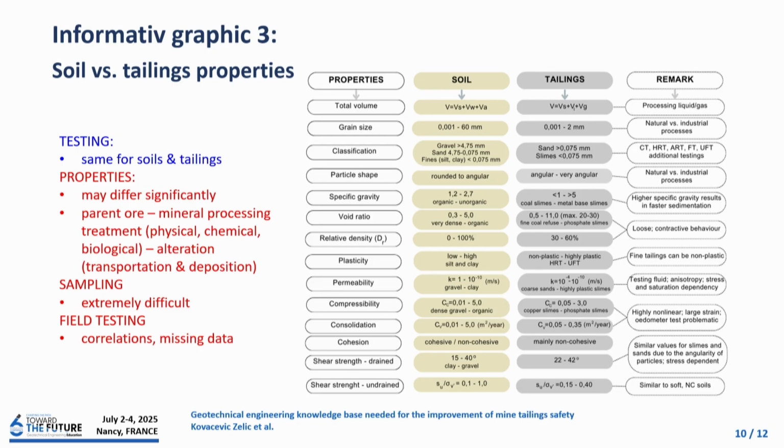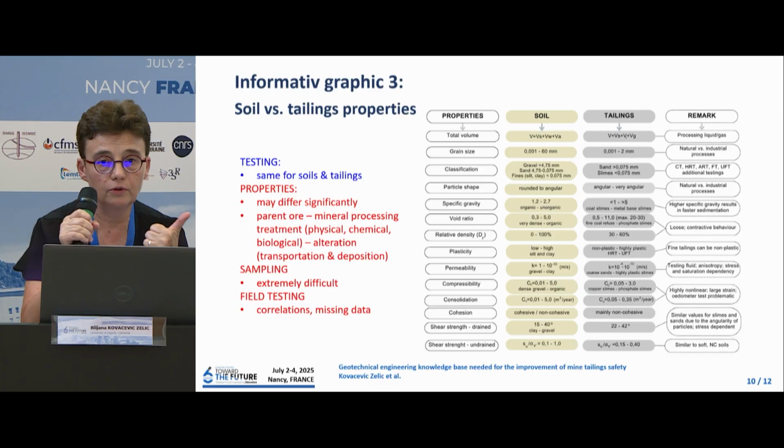And the third informative graphics is related to soils and tailings properties. And again, you can see that the same methods are used, whether we are talking about laboratory or in situ testings. But although the same methods are used, the properties may differ significantly, because the properties of tailings are dependent on the parent rock material, parent ore.